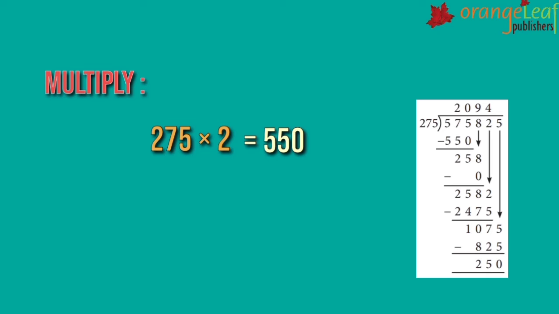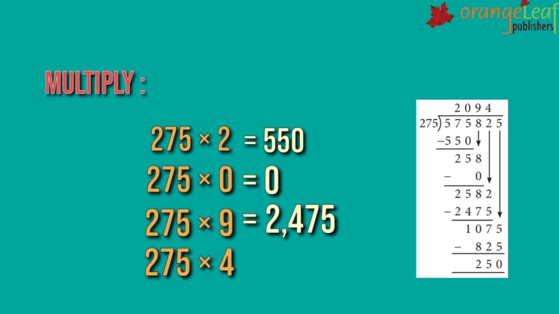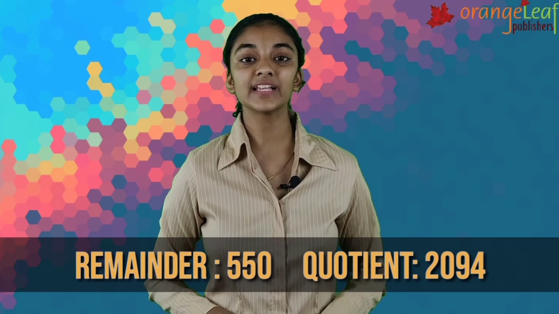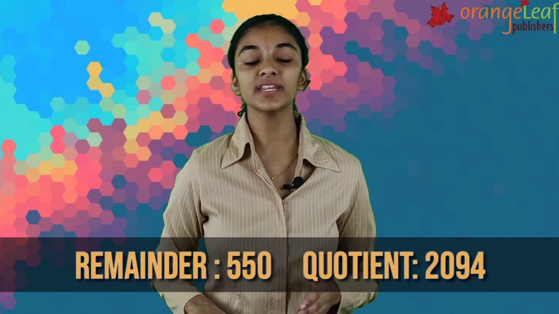So, 275 into 0 is equal to 0. Now 2 comes down. Therefore, 275 into 9 is equal to 2,475. Now bring 5 down. Therefore, 275 into 4 is equal to 1100. Here, we get the remainder as 550 and the quotient is 2094.